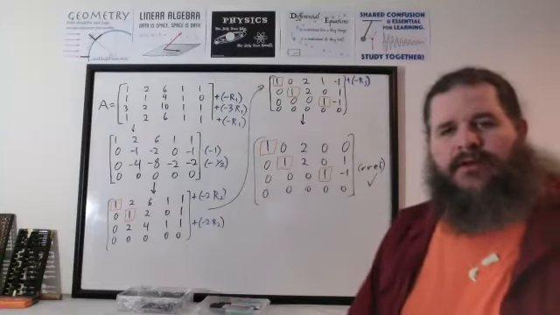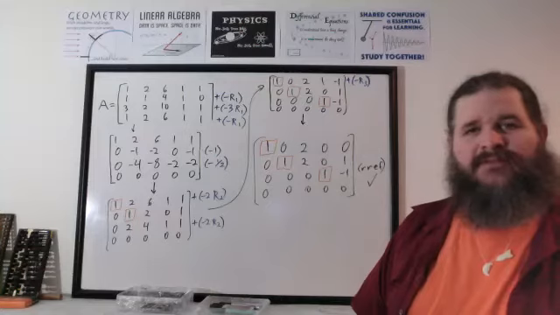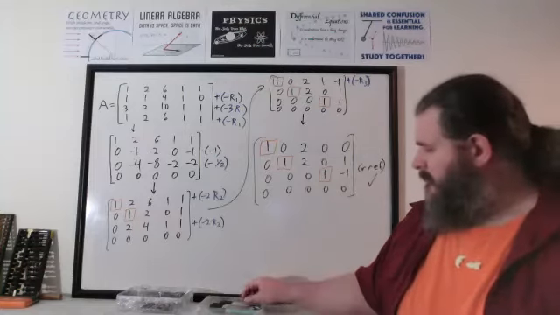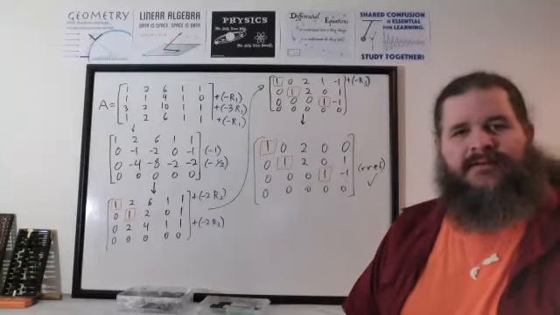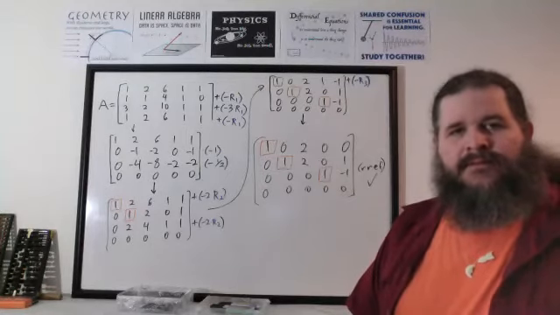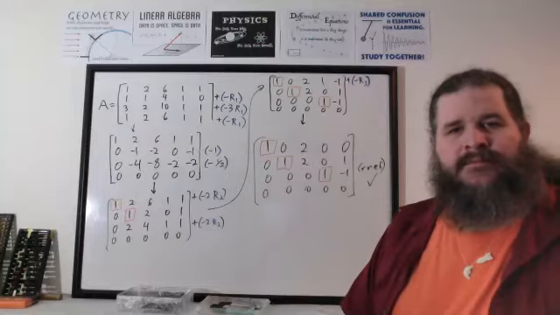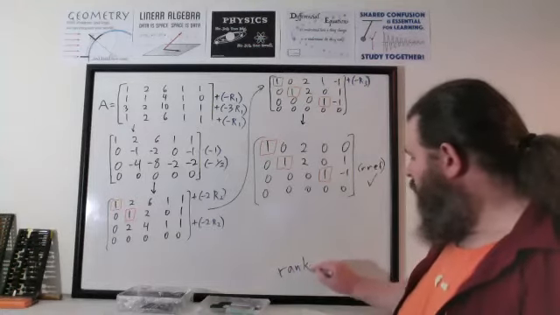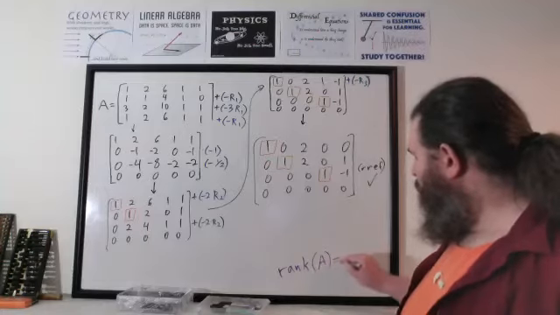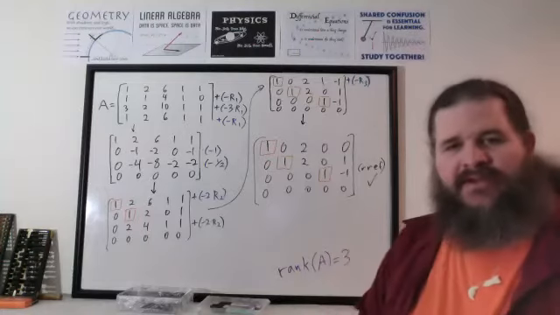And what do we generally call the number of pivots in a matrix? Have you seen the terminology for that yet? The rank. Yeah, we would say the rank of matrix A is 3 because it has 3 pivots.